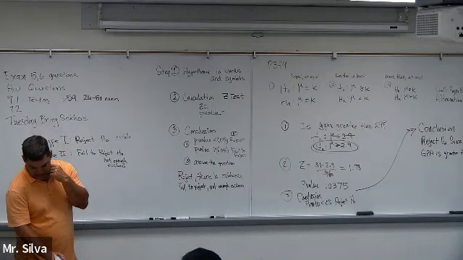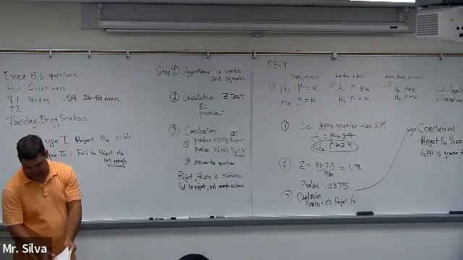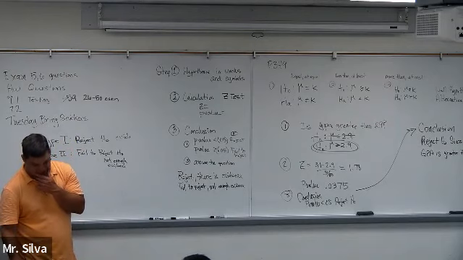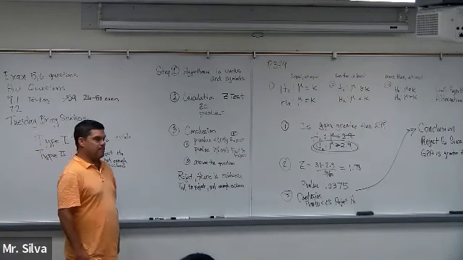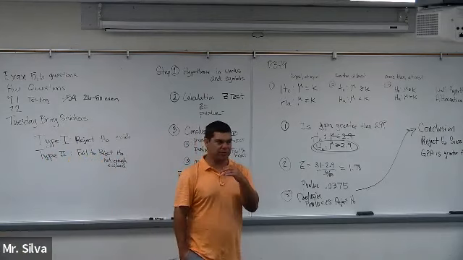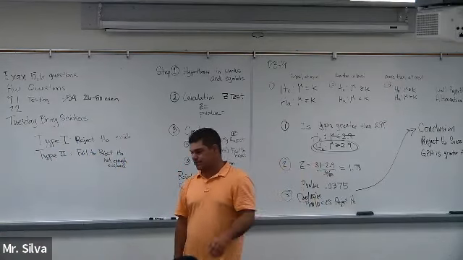So I want to get an idea of all 3 different types of tests that we could do. So I want to do a left tail test and a two tail test. We're going to read example 4 and 5. We're going to go through both of those. We're going to take our time. We're going to be like 10 minutes.